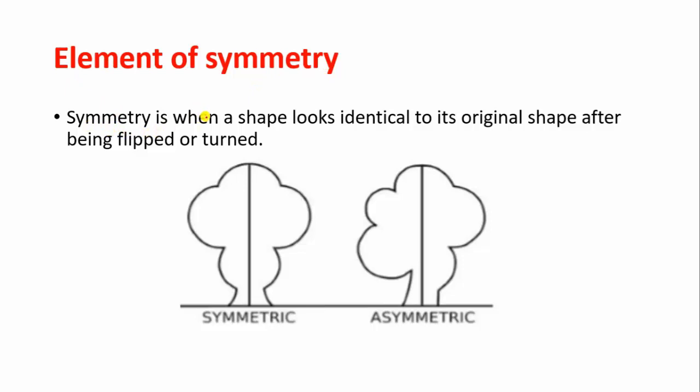Symmetry is when a shape looks identical to its original shape after being flipped or turned. You can say in this example, this object's backside is like a symmetry. It is a backside and it is a side view.